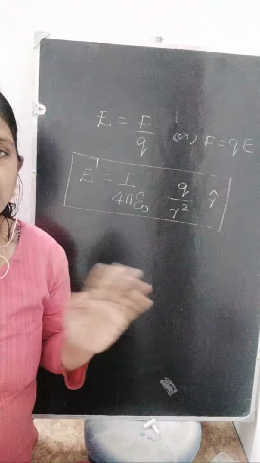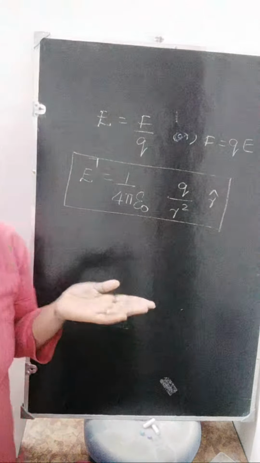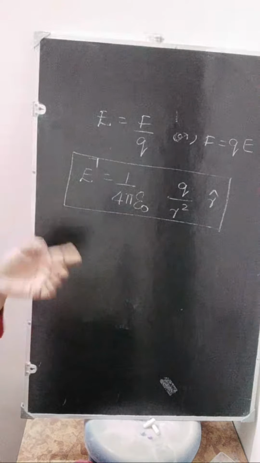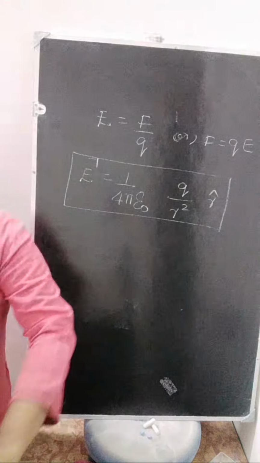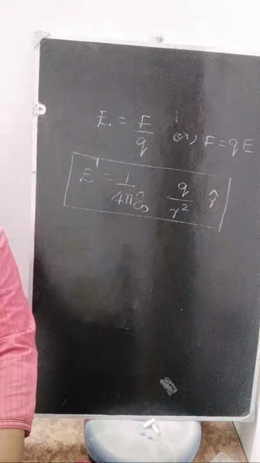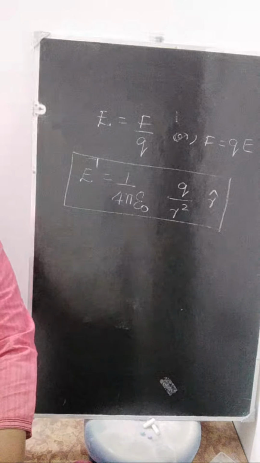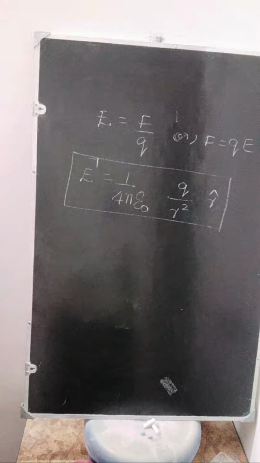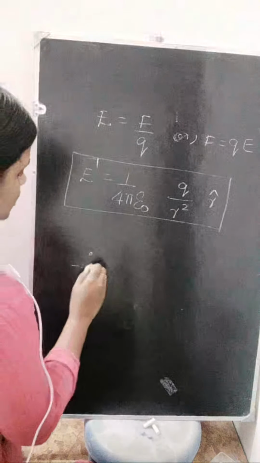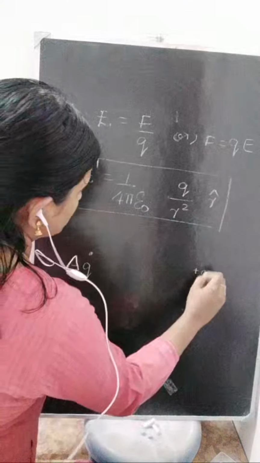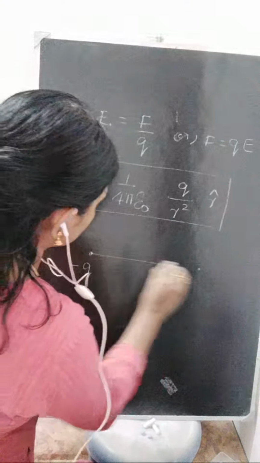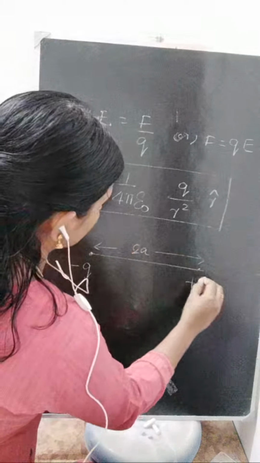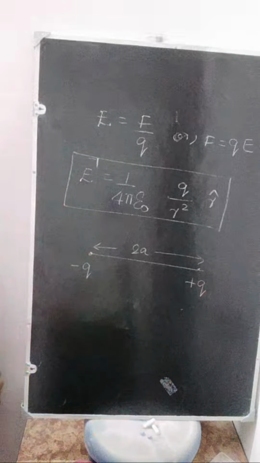Two equal and opposite charges, one is minus q and the other one is plus q, both are separated by the distance 2a. Where 2a is the distance between the two, one is minus q, another one is plus q. This is known as the dipole.